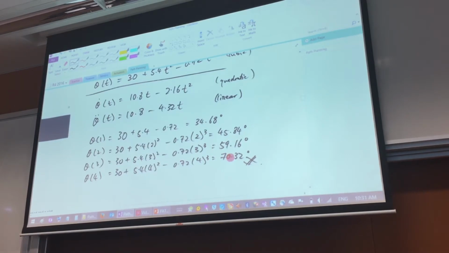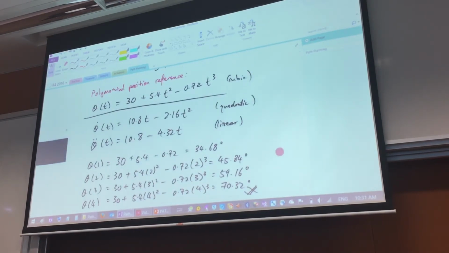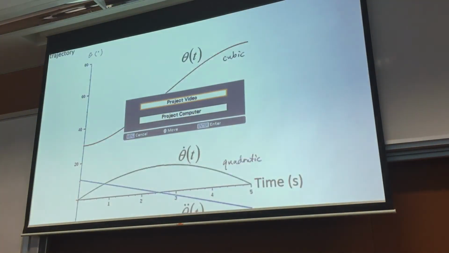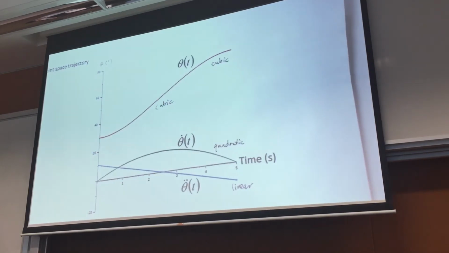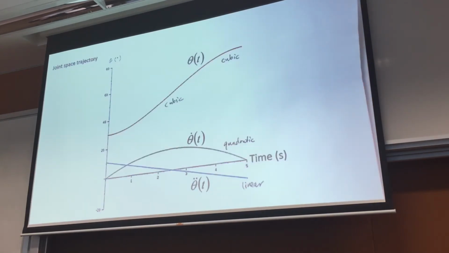So I have tried to sketch out these few equations over here, your acceleration, your velocity, and your displacement. So if I do the sketch, what I want you to see is that this arm was rotating.